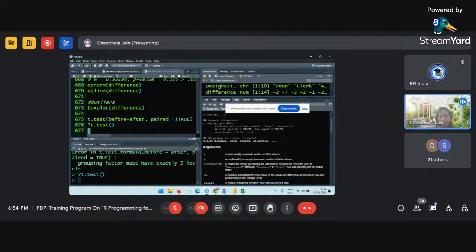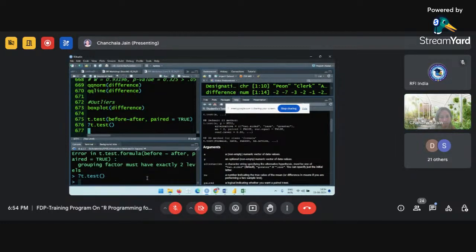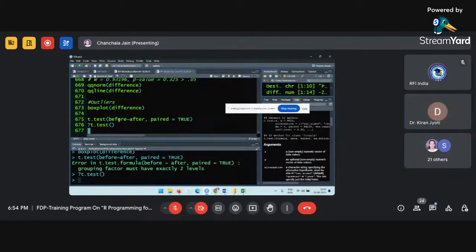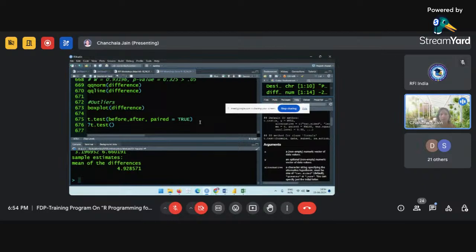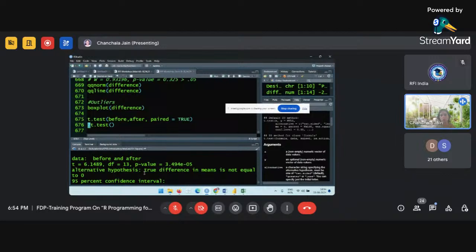Why is it not taking then? Oh yes, that is right. I made a mistake. You need to write here a comma. Yes. So now you can see we are getting the output here. I hope these values are visible to all of you.